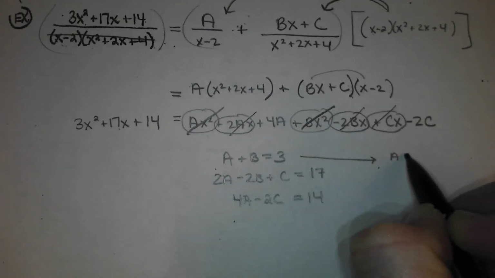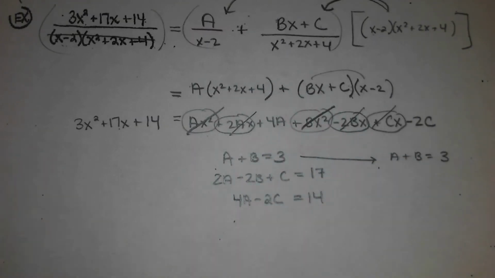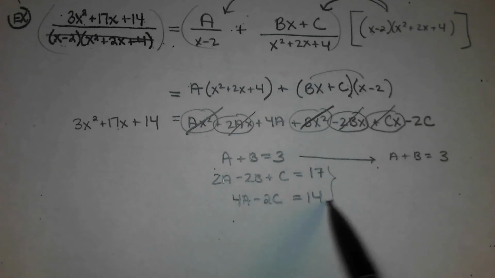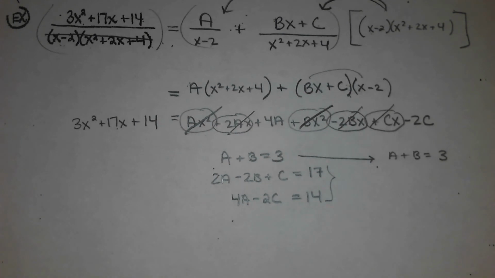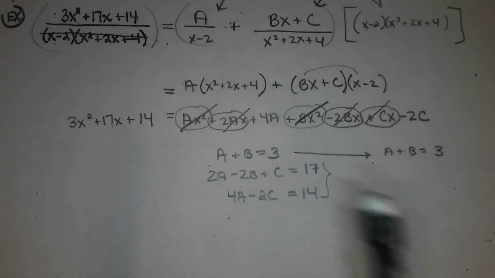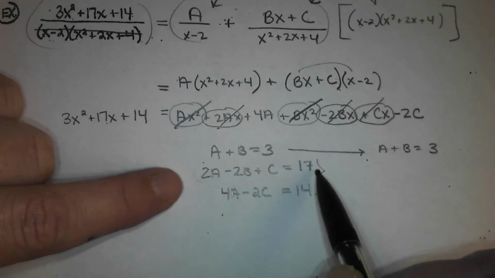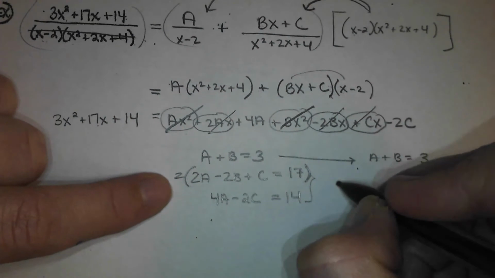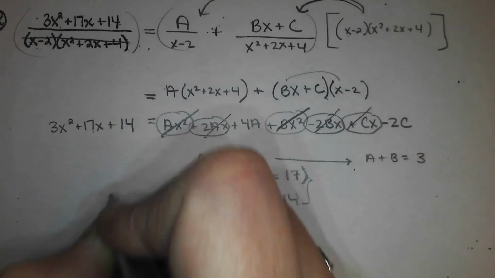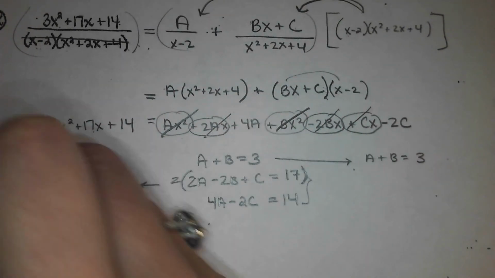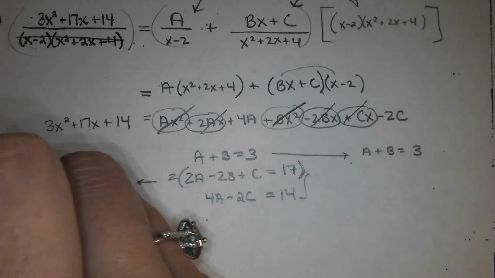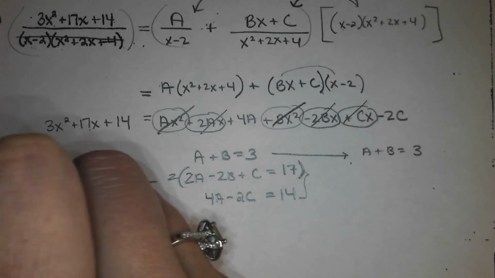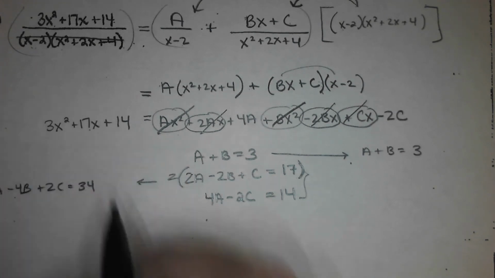So A plus B equals 3. And then in the second two, since the C was gone already and that's what I'm taking advantage of, I want to eliminate the C down here. So this needs to be multiplied by what? 2. So that would create 4A minus 4B plus 2C equals 34.